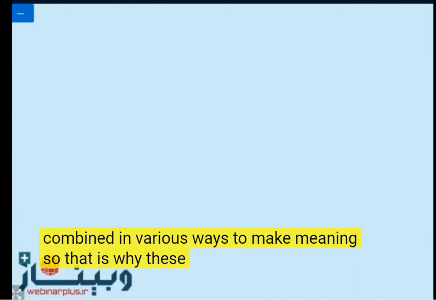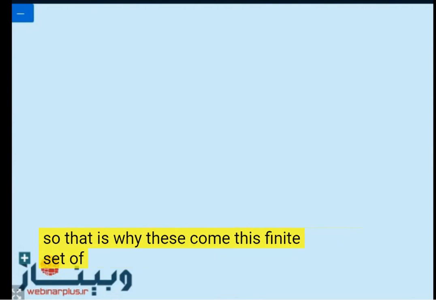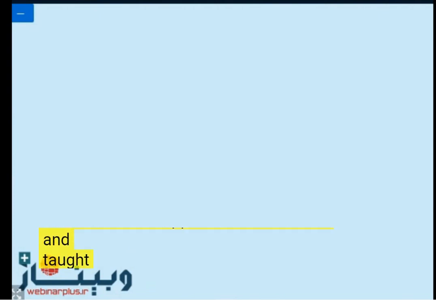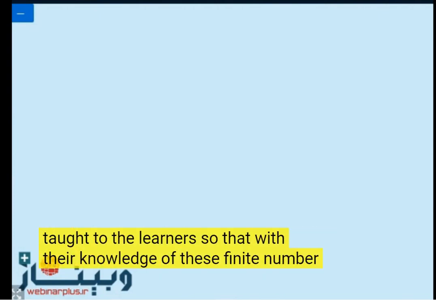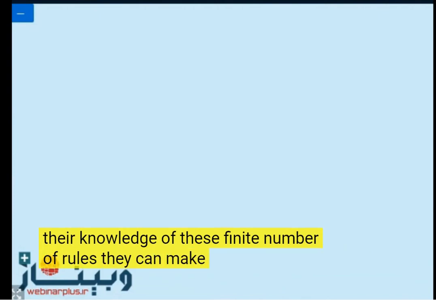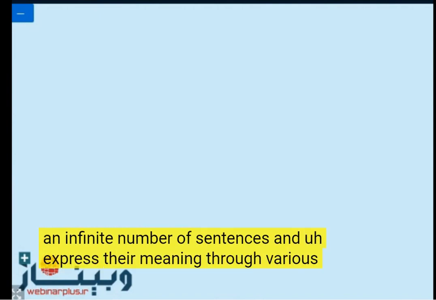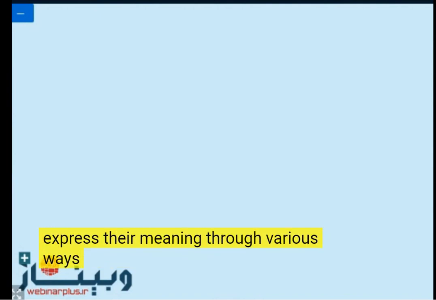So that is why these finite set of rules are supposed to be selected and taught to the learners, so that with their knowledge of these finite number of rules, they can make an infinite number of sentences and express their meaning through various ways.